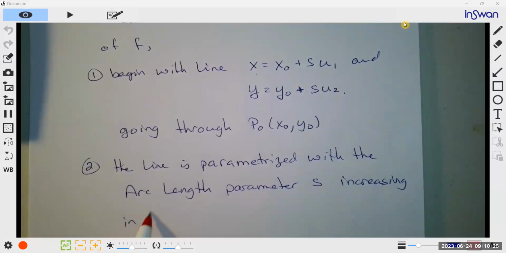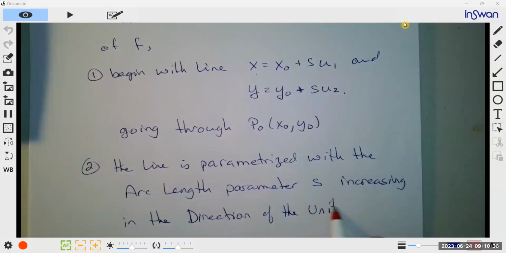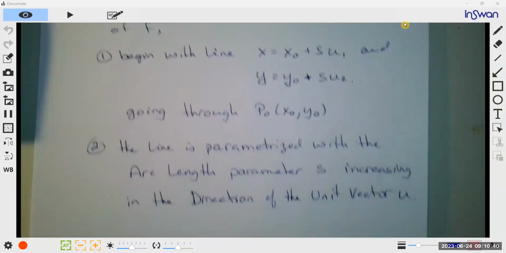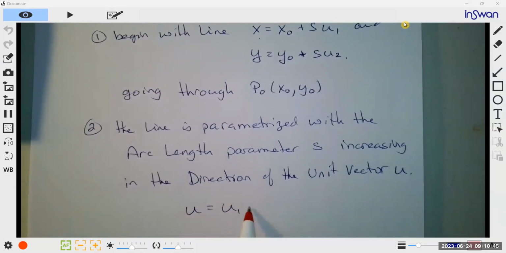It's increasing in the direction of the unit vector u, where u is equal to u1 i plus u2 j.